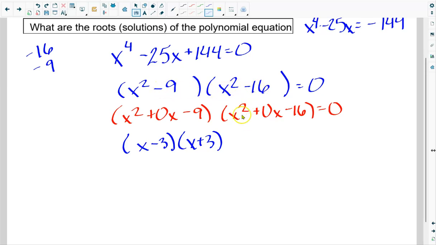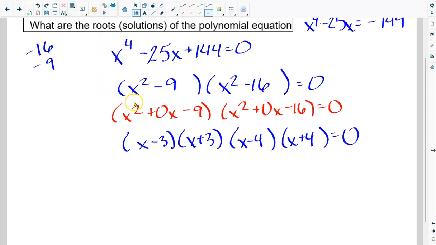Okay? These guys will give me this. I got to do the same thing here. Two numbers that multiply to give me negative 16 and add to give me 0. Okay, so there it is. Oh, and of course they're asking for the roots.